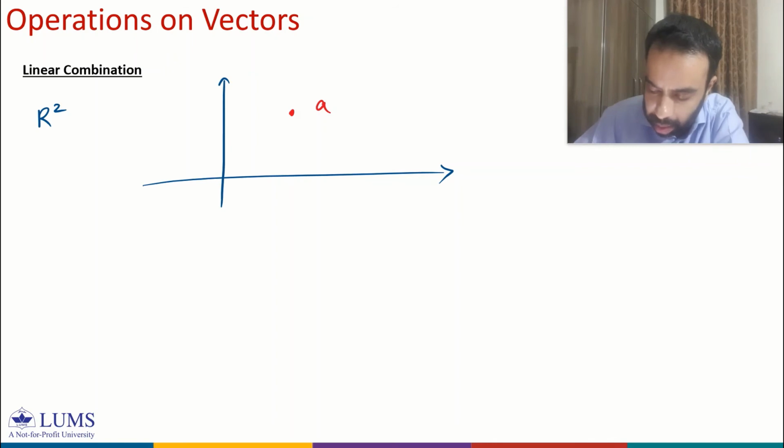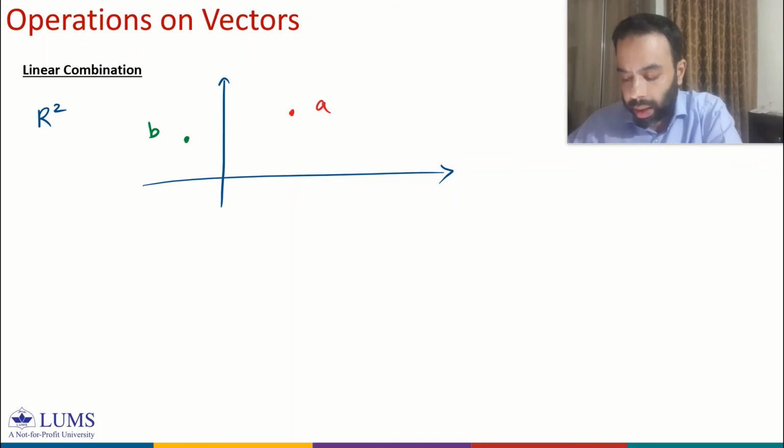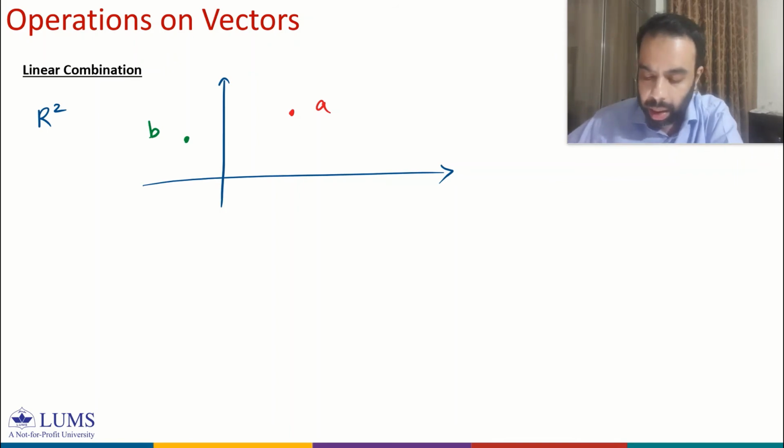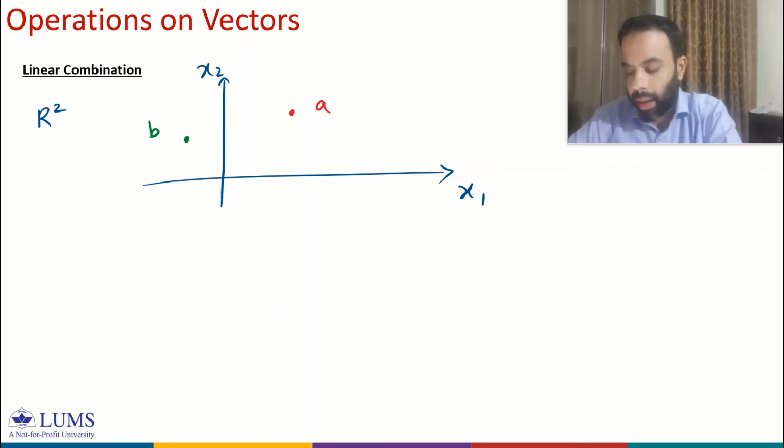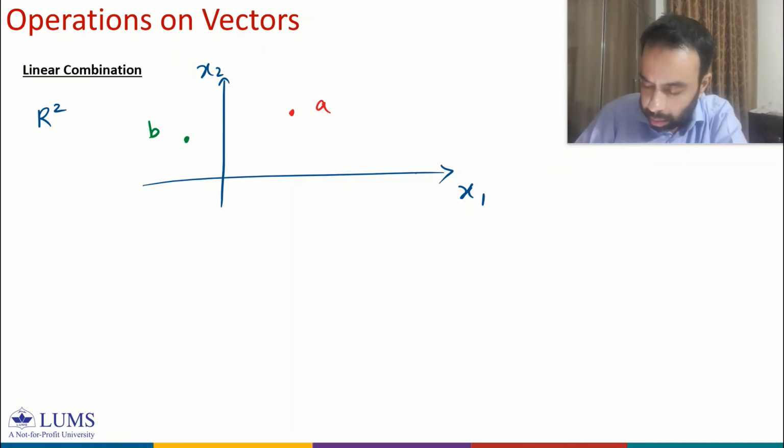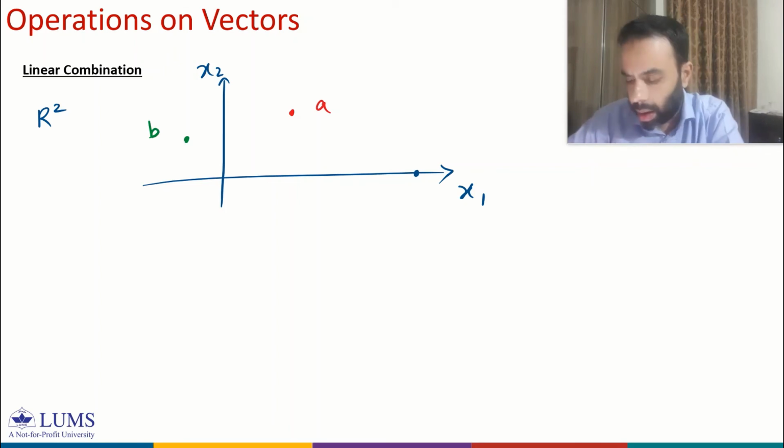In fact, say this is B. So what do we mean by linear combination of A and B? Any point in this two-dimensional plane can be represented as a linear combination of A and B. So for example, this point here can be represented as a linear combination of A and B.